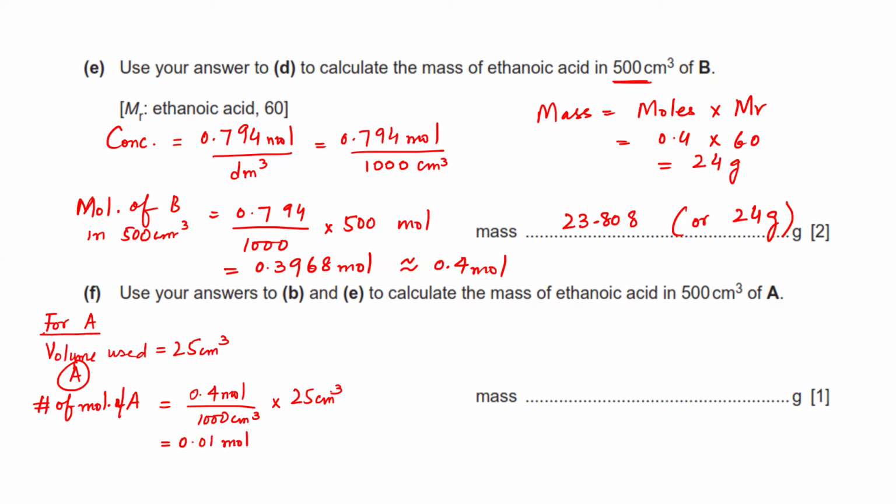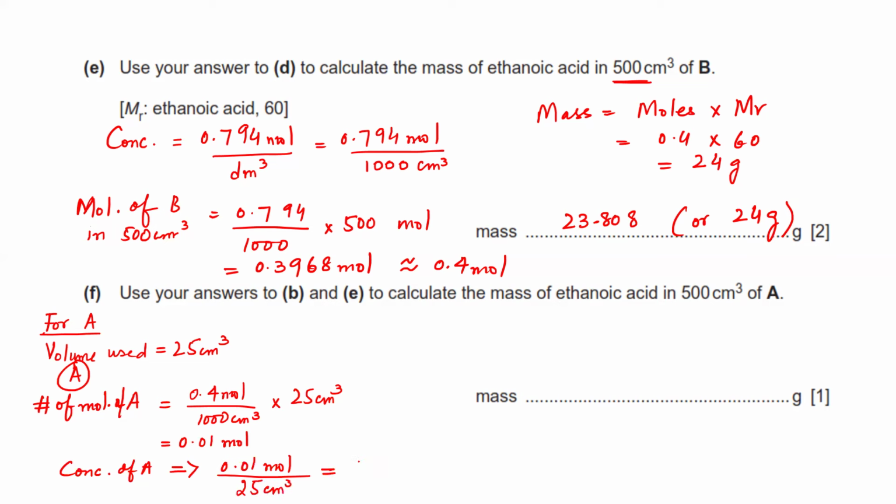So the number of moles is 0.01 mole. Then the concentration of A will be 0.01 mole present in 25 centimeter cube.